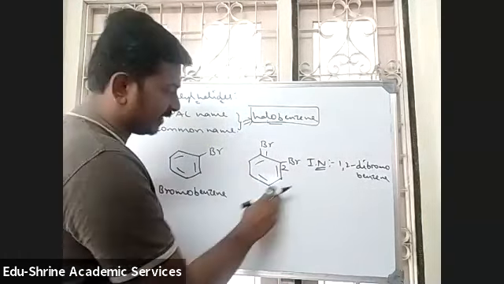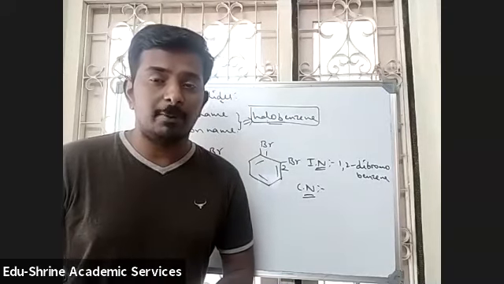For this type, there are common names also. When two substituents are present at adjacent positions, at 1,2 positions on the benzene ring, there is one common prefix given. Can you tell me what the prefix is?